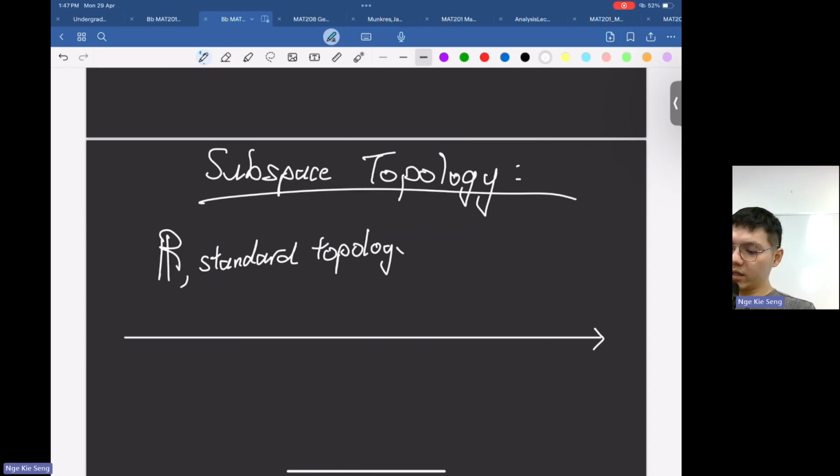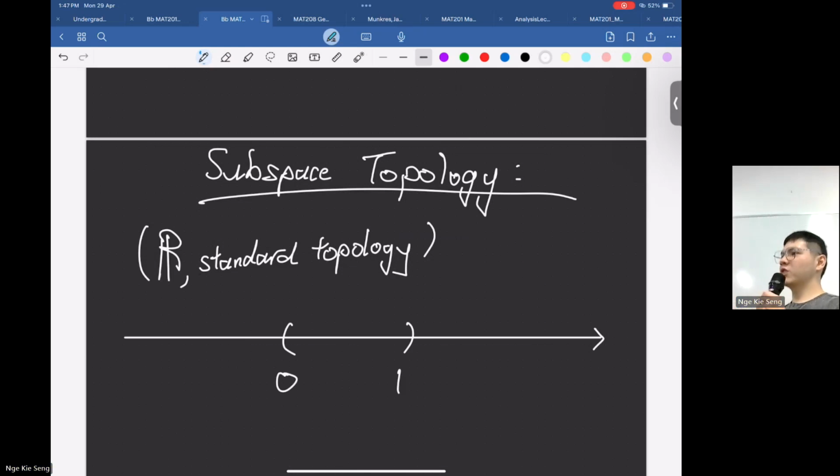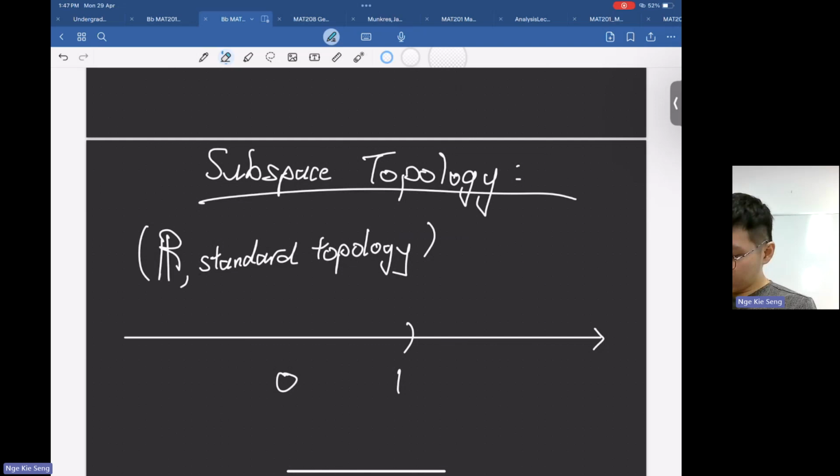We can restrict our set, so we can consider some subspace here, for example 0 to 1. How do you talk about open sets in 0 to 1? Or if I consider it closed on the left endpoint, what do the open sets look like inside here?